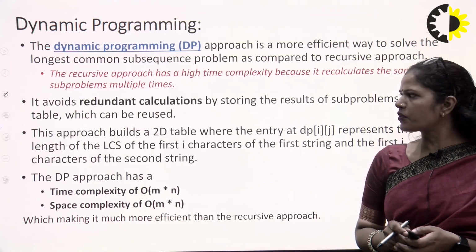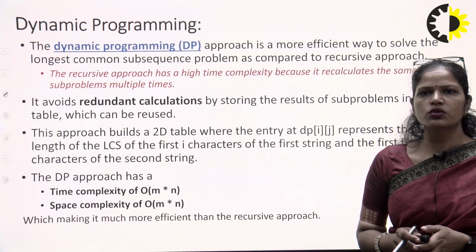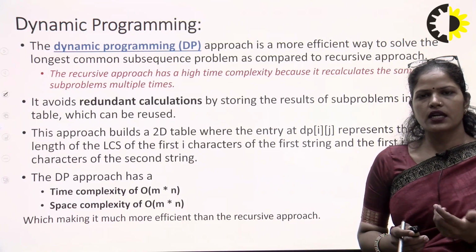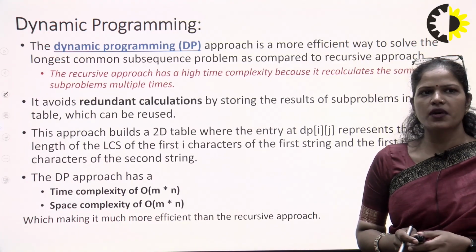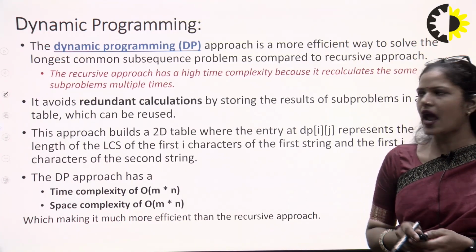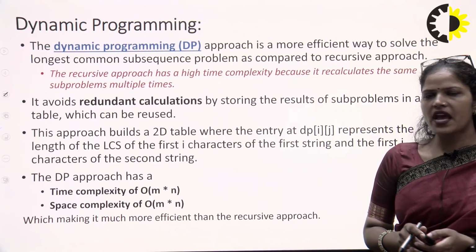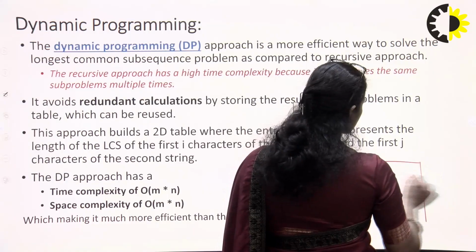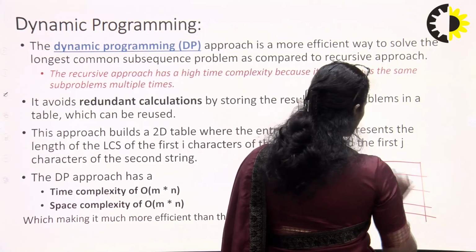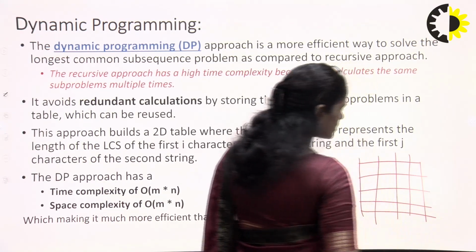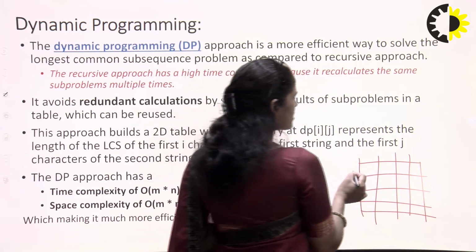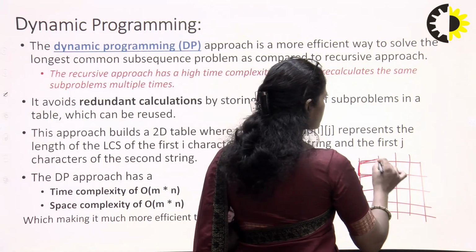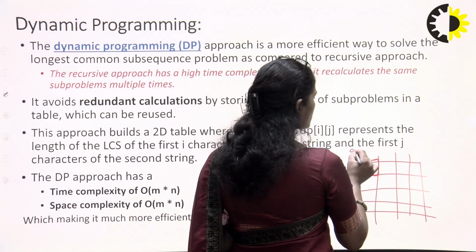Next, if I'm talking about the dynamic programming approach, it works on a 2D, we can say two-dimensional, table-based solution where the entry at dp[i][j] is nothing but an index. If I'm talking about the tabular form of data storing, we can say it is a 2D array. So basically the index of this particular cell is calculated by i, j.